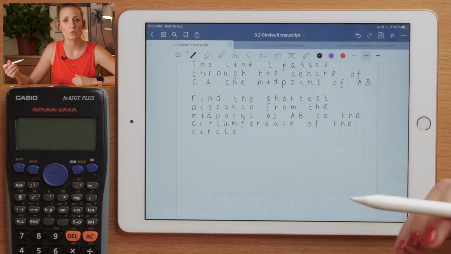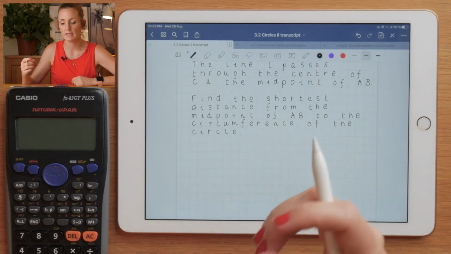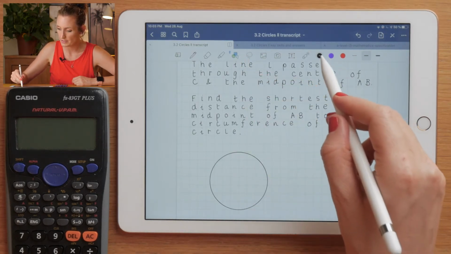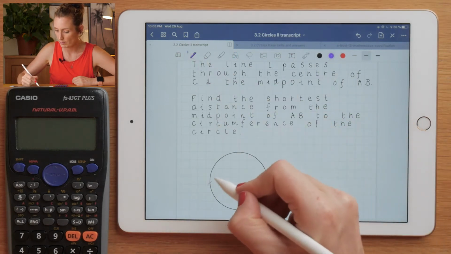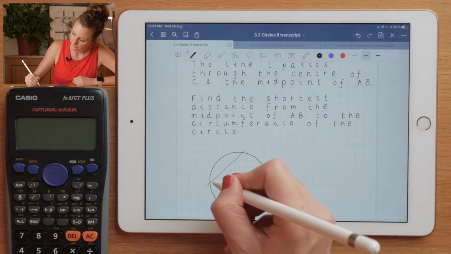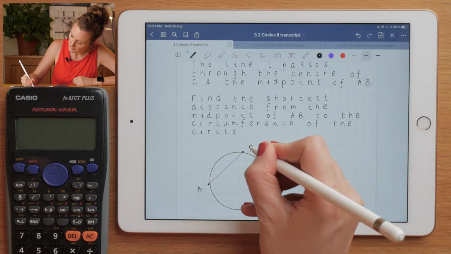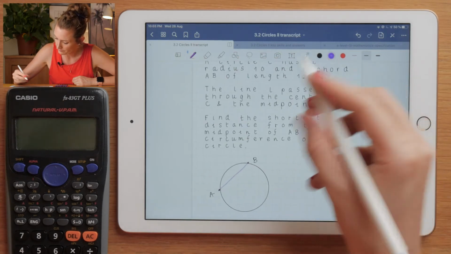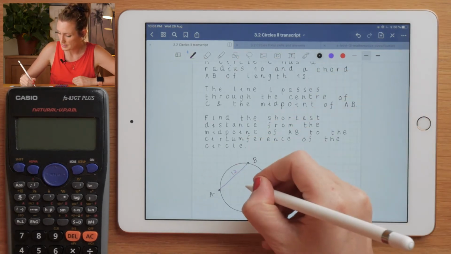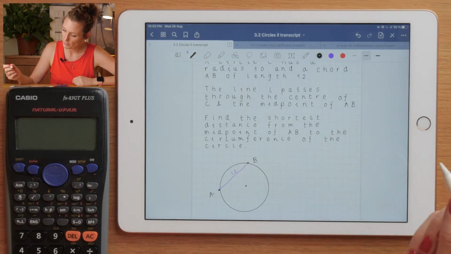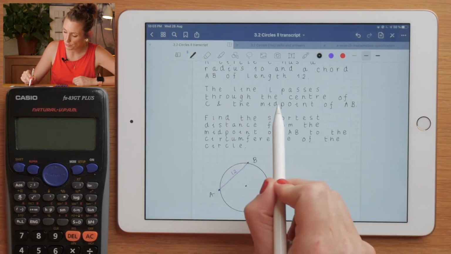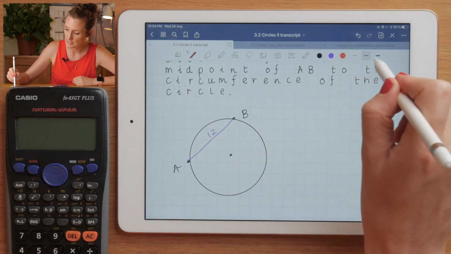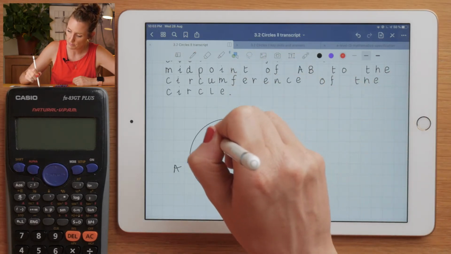We can't plot this on a coordinate axis because we haven't been given specific points, but we can still draw a diagram. So we can imagine, for example, that the points A and B on the chord are here. So here's A, here's B. And we know that that length is 12. We can imagine the center's around here. And we've been told that the line L passes through the center and the midpoint. So the line L passes through the center, so it has to be a radius, and it passes through the midpoint.